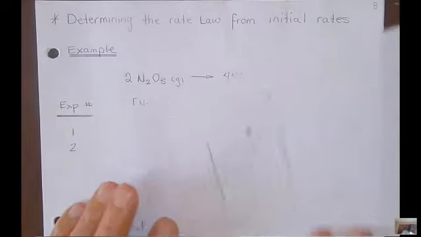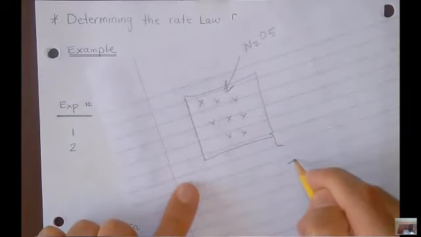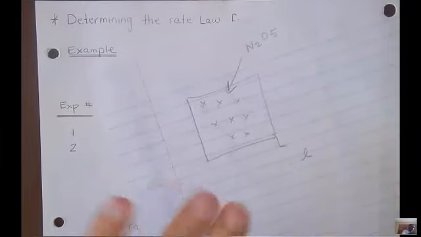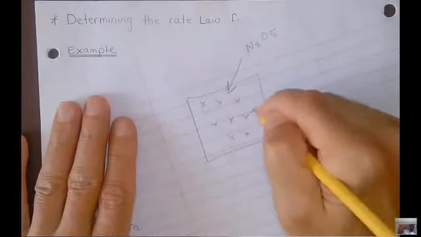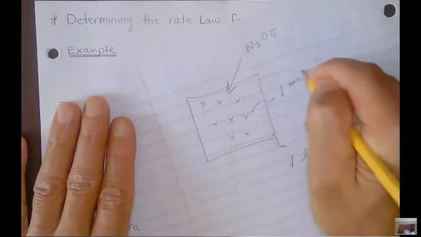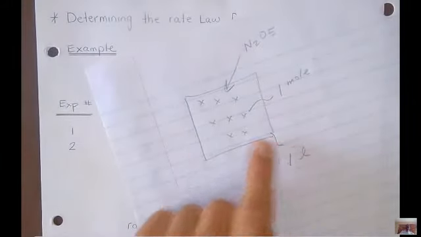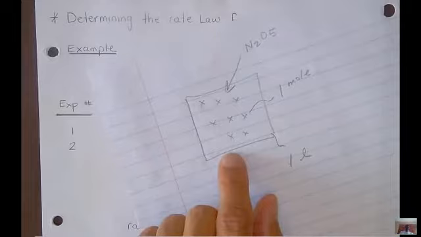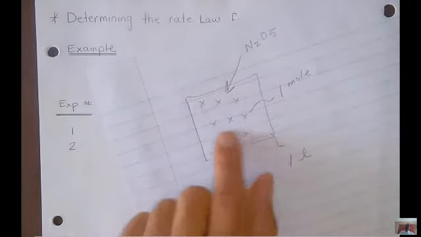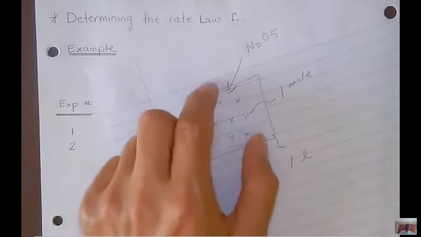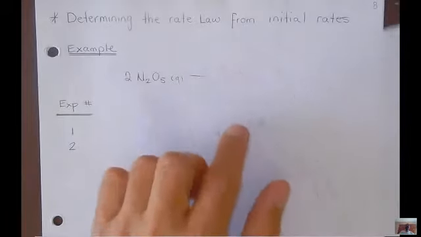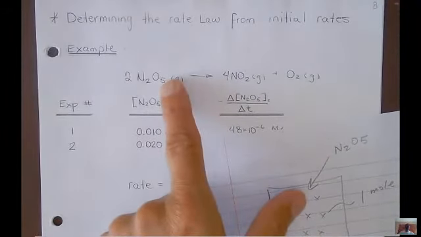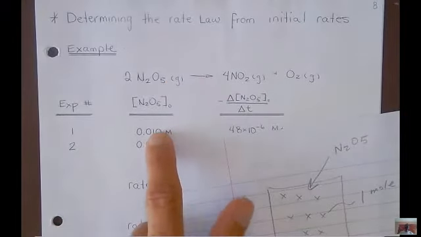And what's the concentration? If this vessel is 1 liter, how many of them do I have in there? I have 1 mole, right? Because 1 mole per liter will give me a 1 molar concentration. Okay, so I could do this, it doesn't matter the size of the reaction, but in my head, I might as well think about it as a 1 liter vessel. Okay, so that's the initial concentration.